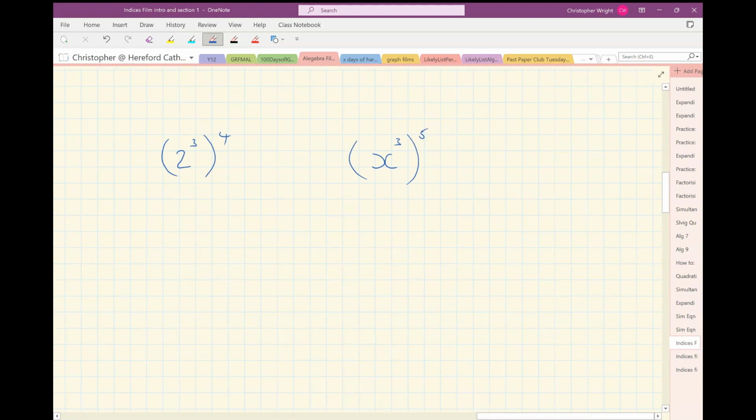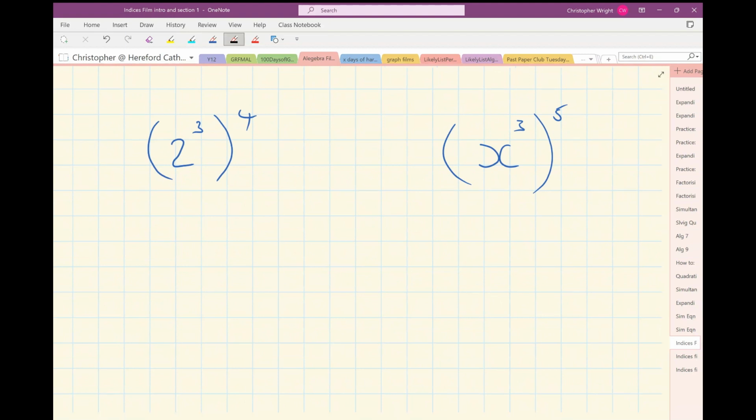Let's look at the first expression on the left, this numerical one. Now, this is 2 cubed to the power of 4. Something to the power of 4 is something times something times something times something. So 2 cubed to the power of 4 is 2 cubed times 2 cubed times 2 cubed times 2 cubed.